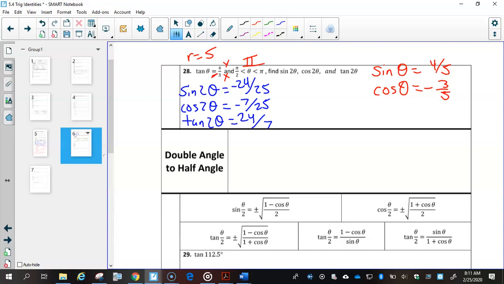Because I thought the negative was like 8 over 3. It was negative 8 over 3 over negative 7 over 9, so the two negatives cancel. Or even looking at these two, if I did sine over cosine, I'd have two negatives.